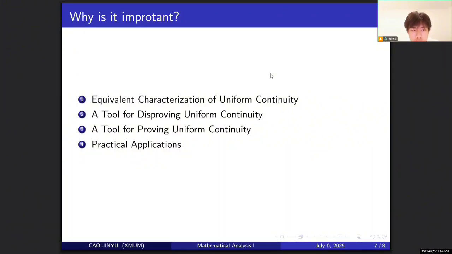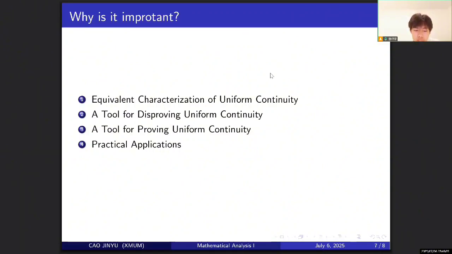To prove a function f is uniformly continuous, one can verify that for all sequences uk and vk in the domain satisfying that the limit of their difference is the zero vector, it follows that the limit of the difference of their images under the function f is also the zero vector.